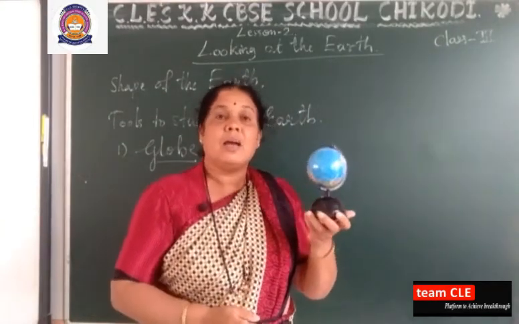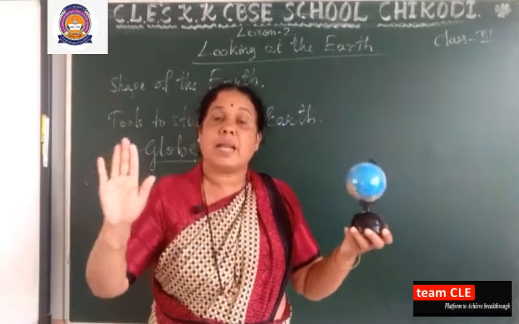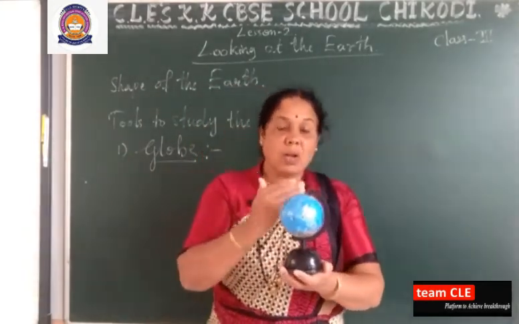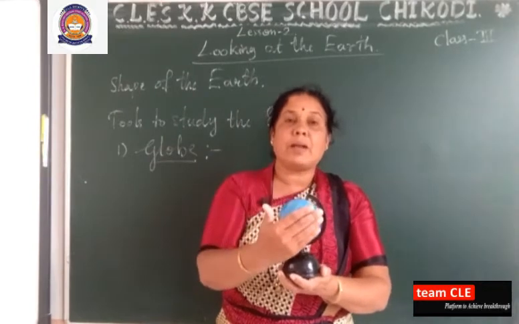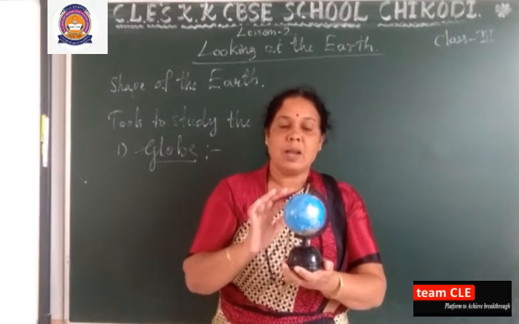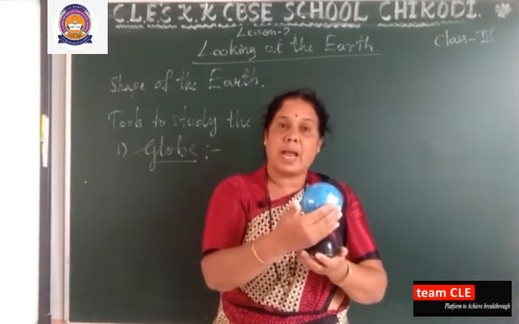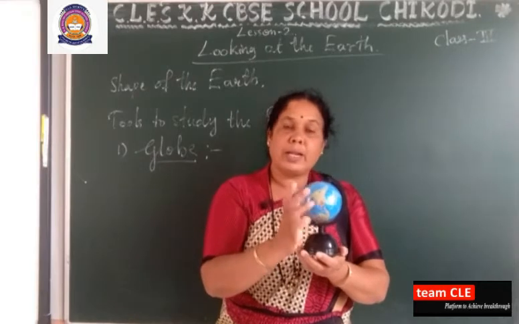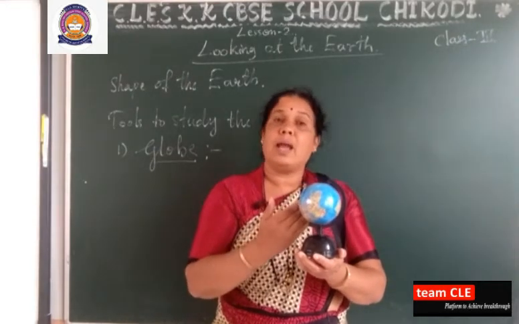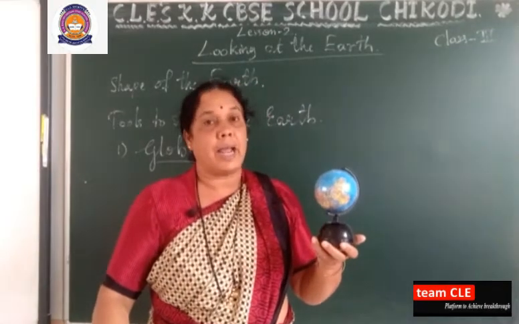This is the main disadvantage, means we cannot see the entire earth at a time. We can see only the front part and the other part is away from us. If we want to see the other part, we have to rotate it. So we cannot see the entire earth at a time.